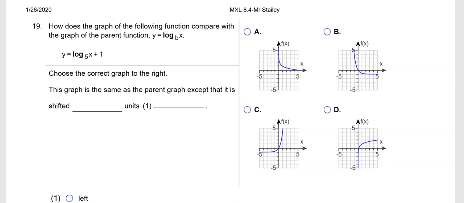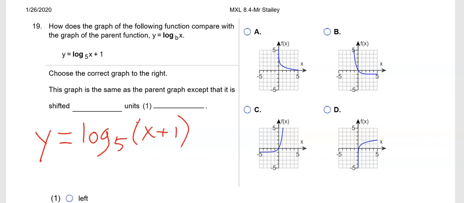So, what happens? Now, what I want you to notice is that this is not the same as this. Oops, sorry. My base got all messed up. Log base 5 of x plus 1. It's not the same thing. So don't treat it like it is.